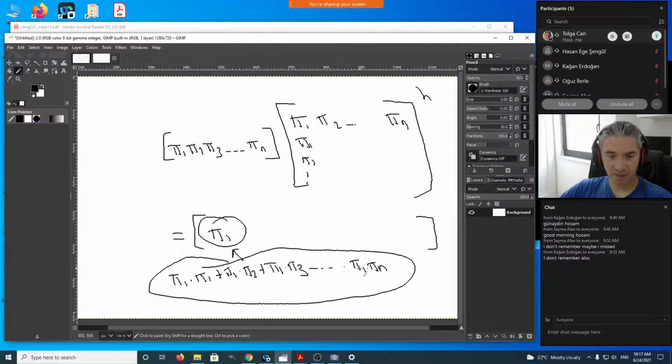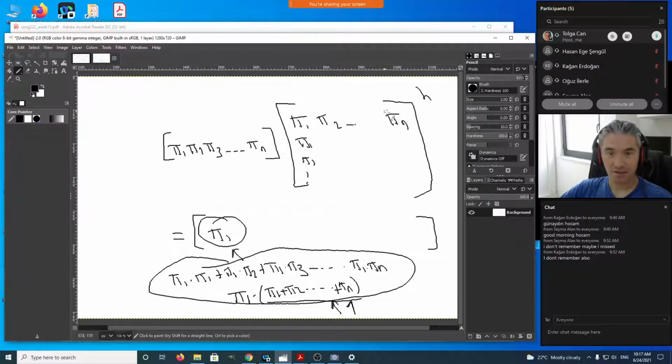Why? If you take pi 1 out in parentheses, it becomes pi 1 multiplied by pi 1 plus pi 2 plus all the way to pi n. If this is a state distribution, what should be the summation? It should be exactly 1, right? If it's 1, 1 times pi 1 is pi 1.